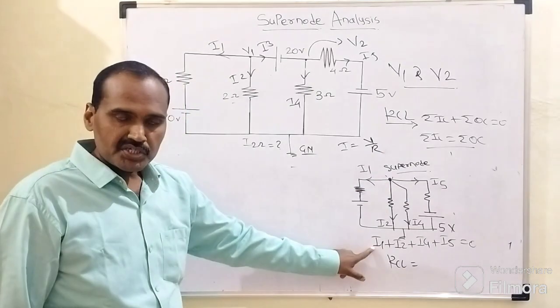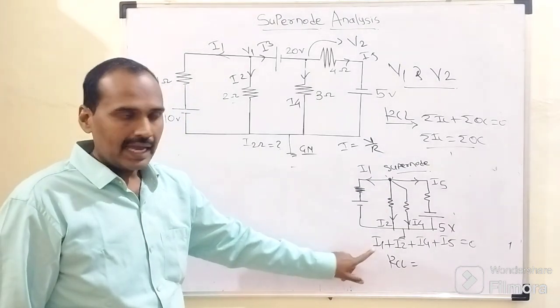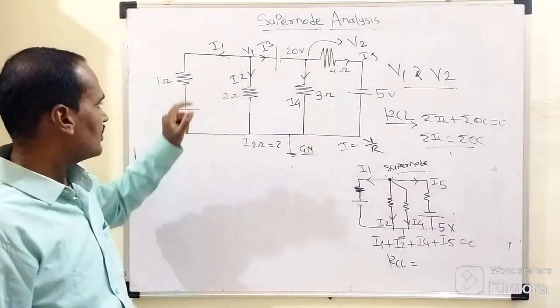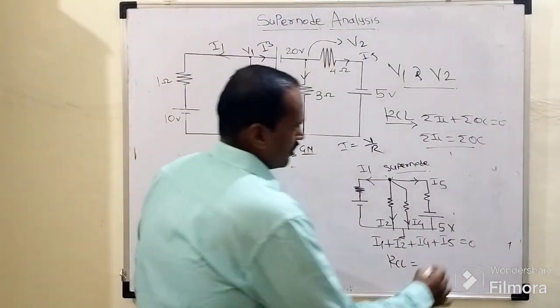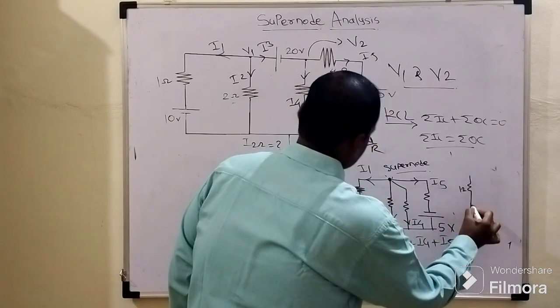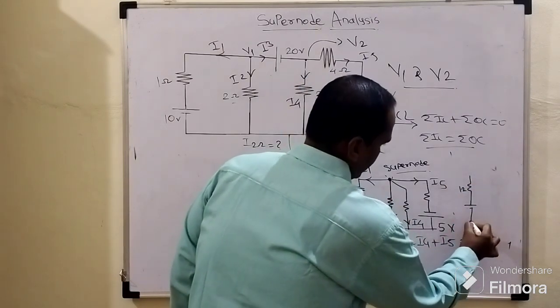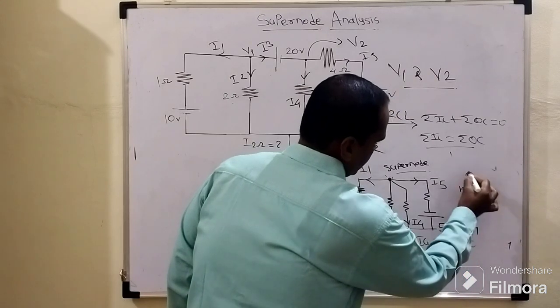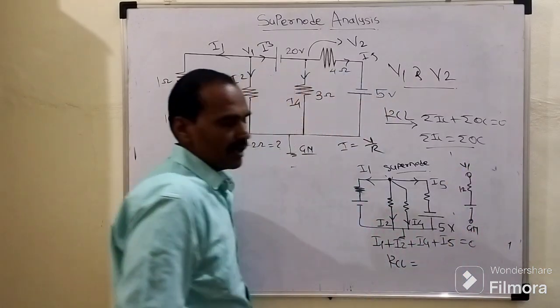So the current equation for I1: I1 is the current flowing through this 1 ohm resistor, right? How is this 1 ohm resistor connected? It is connected like this. This is the 1 ohm resistor, this is the 10 volt battery, this is the ground node, and this potential is V1.